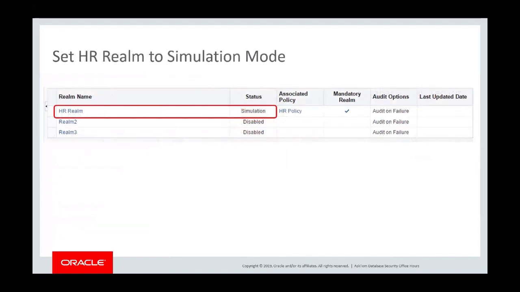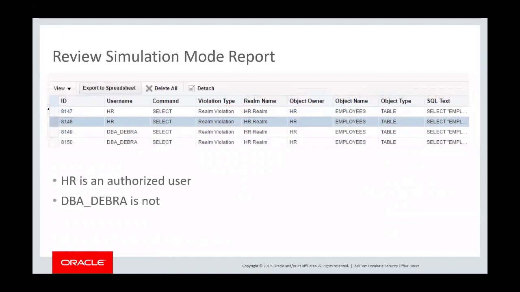And this just shows you Enterprise Manager allows you to control it, as well as the APIs that we have. For the HR realm, again, it's a status, a state that you set: either enabled, disabled, or simulation mode. In the simulation log, you can pull the information from the API, and also look at it easily in Enterprise Manager.